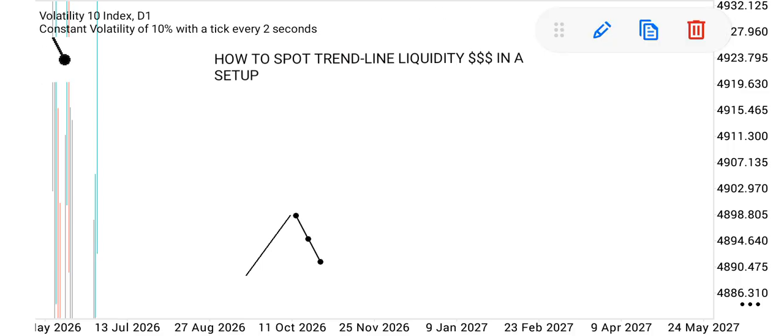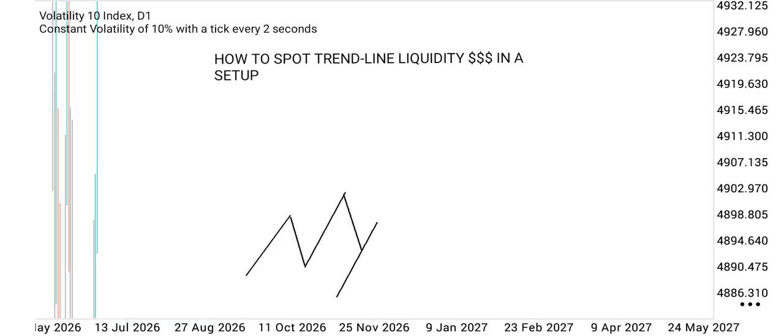So for you to understand a trend, when you say trend, what does it mean?